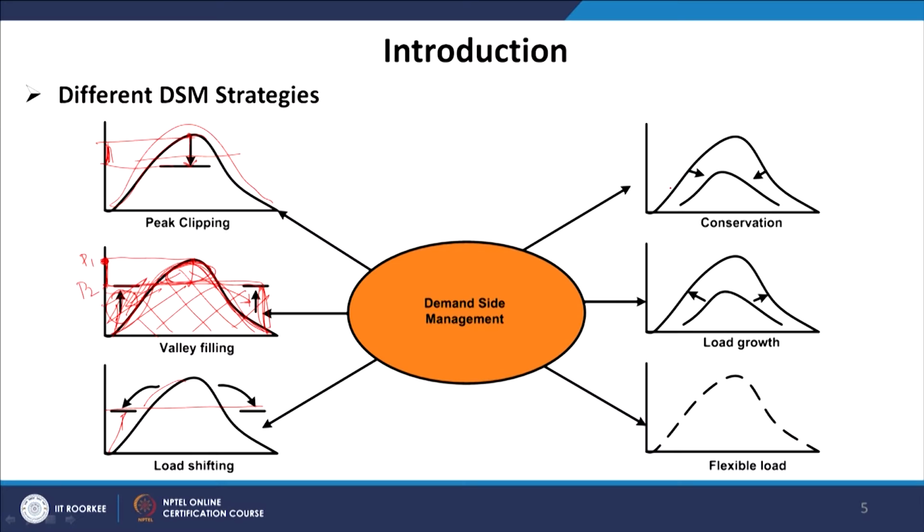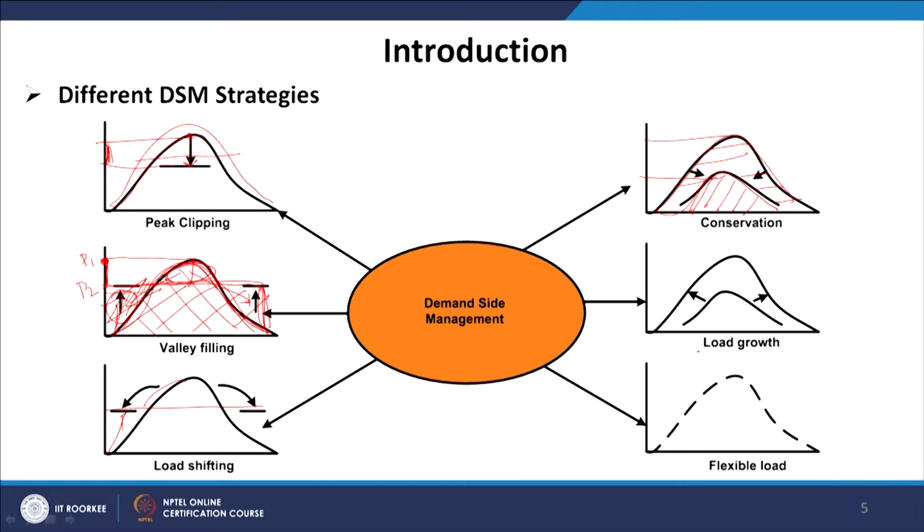So, the conservation mechanism says that by using different LED technologies the energy can be conserved with the same illumination, through which the characteristic will drop to another characteristic, because the area under it is reduced compared to the previous characteristic, and through which my peak can be reduced.